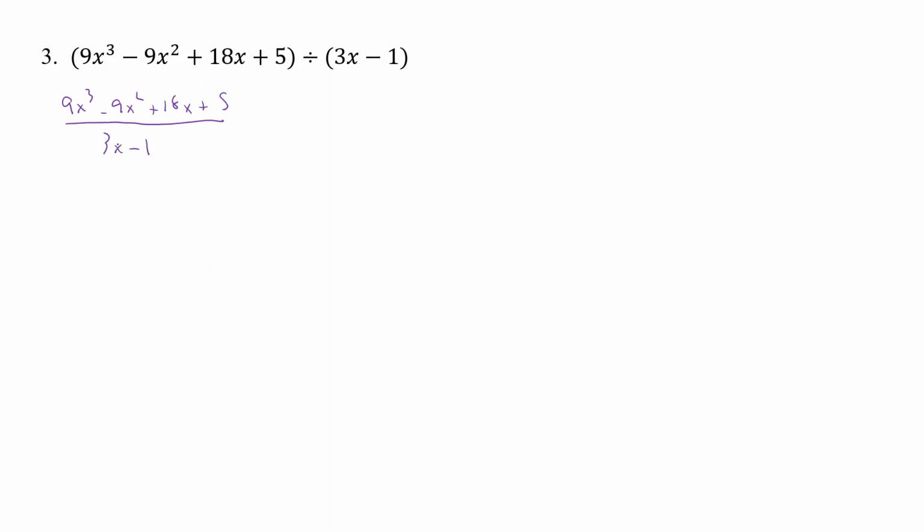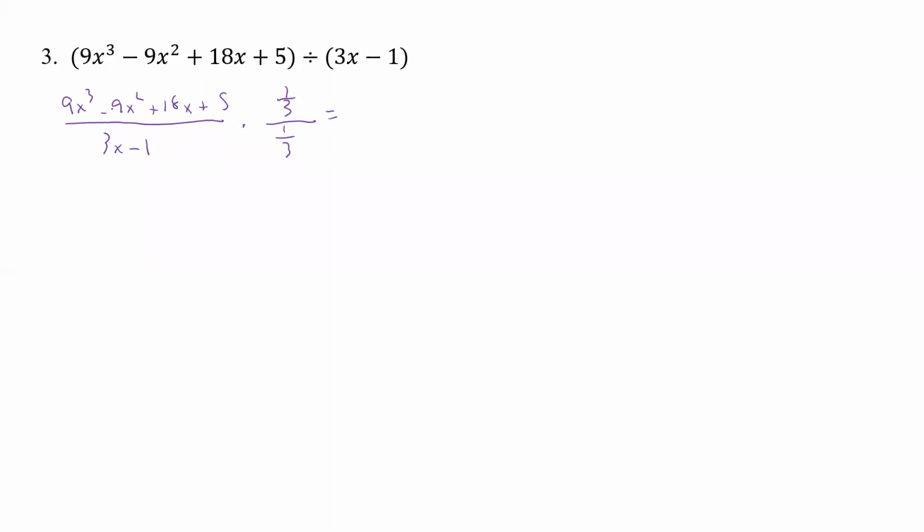Well, what do we have to multiply the denominator by to get this to be a 1 here? Well, if we multiply the denominator by 1/3, 1/3 times that's going to give us x, and then 1/3 times that's going to give us a negative 1/3. And whatever we multiply the denominator by, we have to multiply the numerator by.